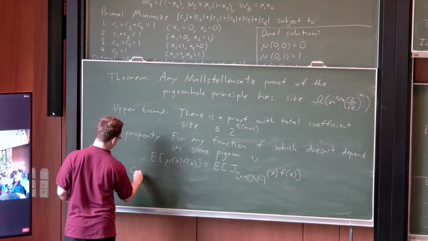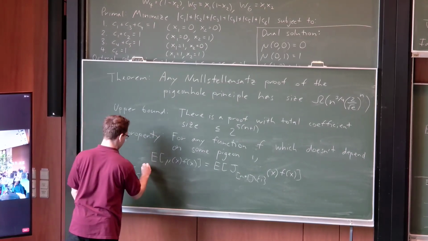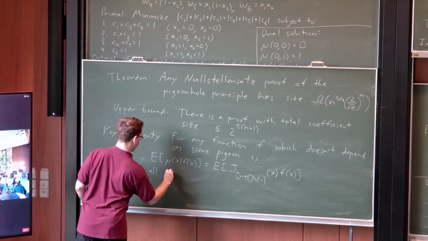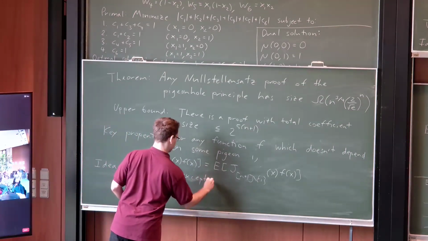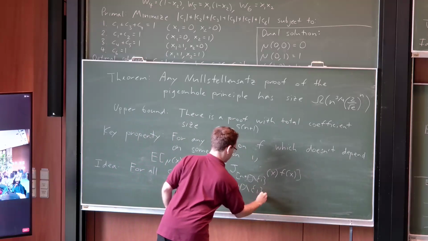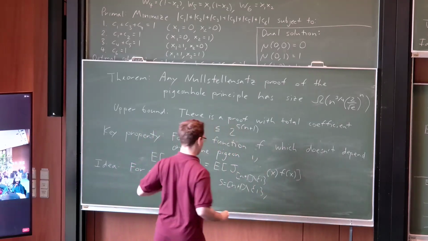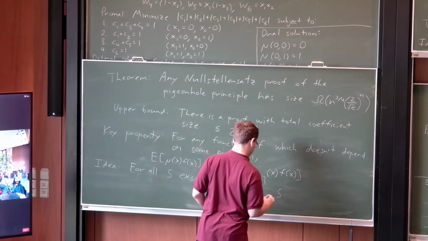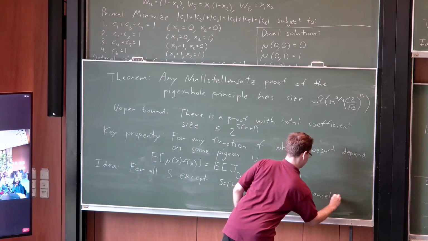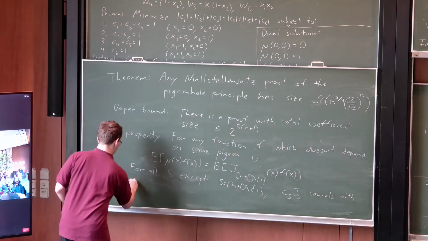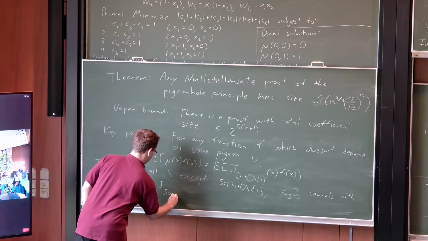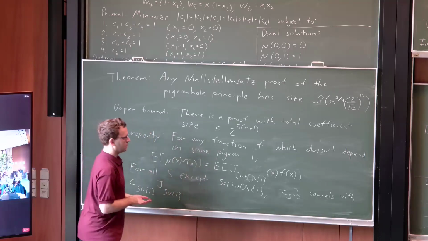The idea here is just that for all S except S equals all the pigeons except for i, C_S times J_S cancels with C_{S union i} times J_{S union i}.